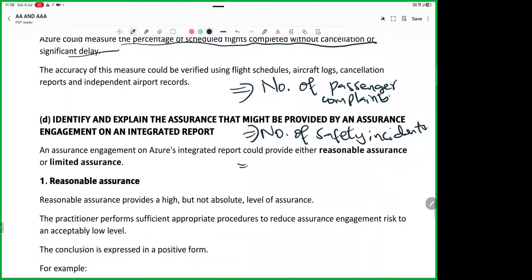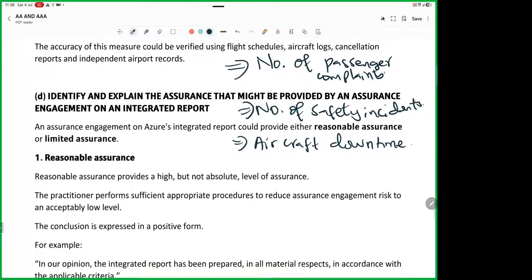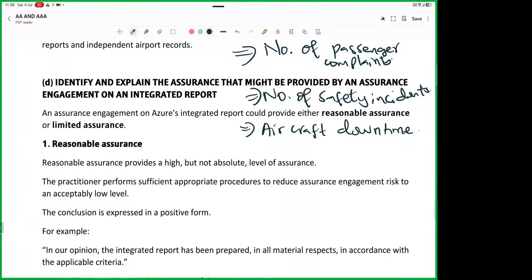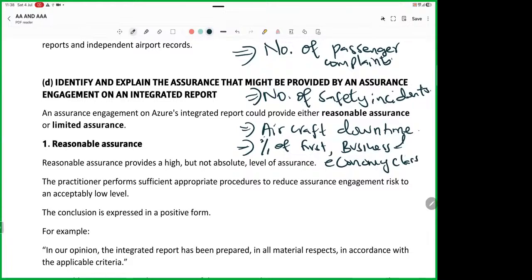Aircraft downtime. I will also be interested in percentage of first, business, and economy class seats occupied, etc.